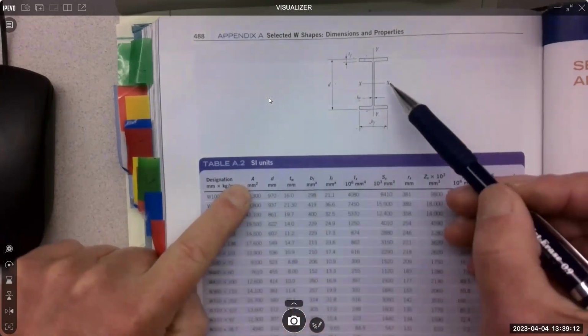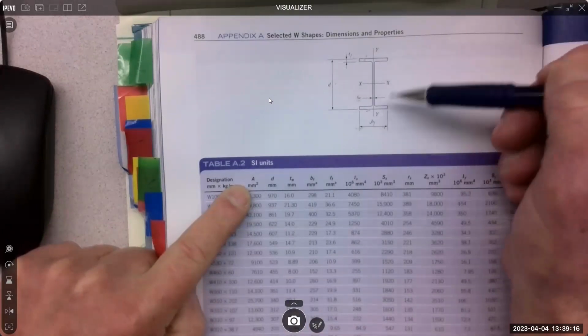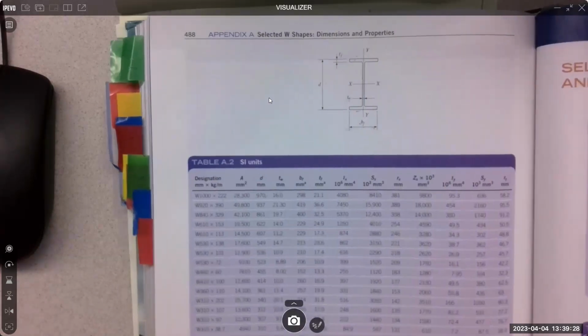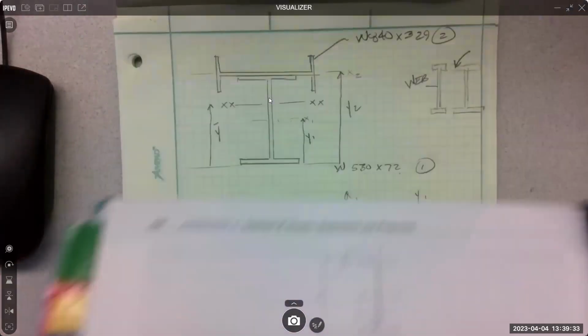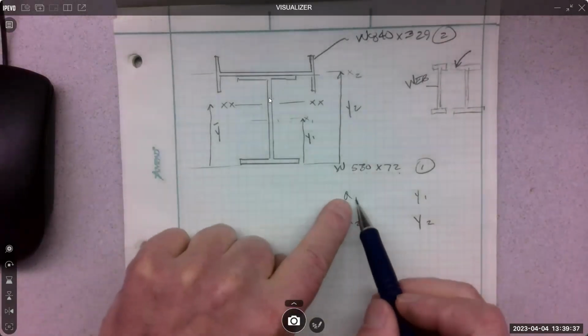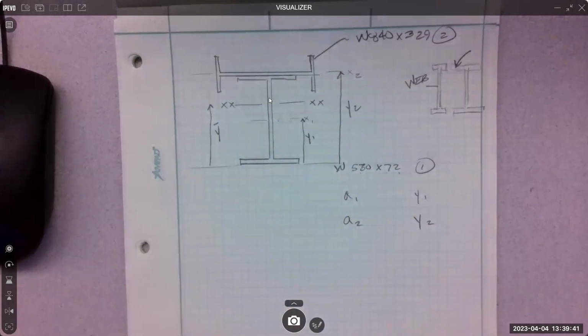And location of the XX axis is just going to be, because it's symmetrical, half a D, right? It's going to be half of 970 if it was this W1000. That makes sense? So that's nice. We don't have to do any calculating, but we do have to read the darn table correctly. So area 1. That's this one, 530 by 72. What is it?